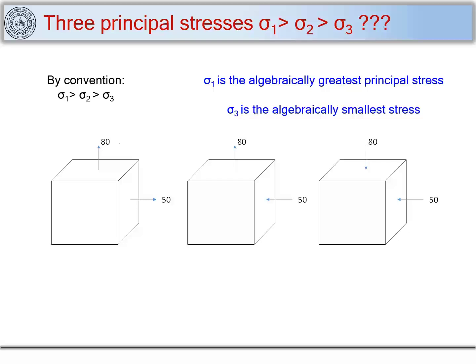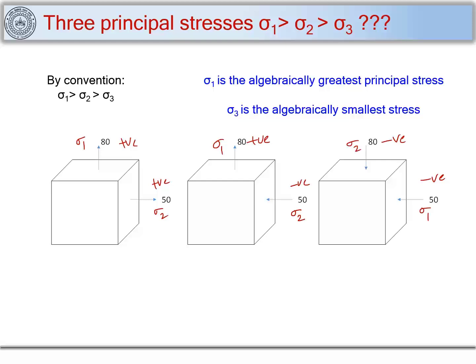This is positive, this is positive; this is negative, this is negative. So this is my sigma 1, this is my sigma 2. Since plus is more than minus 50, this will be my sigma 1 and this will be my sigma 2. Minus 80 is less than the other, so this will be my sigma 1 and this will be my sigma 2.